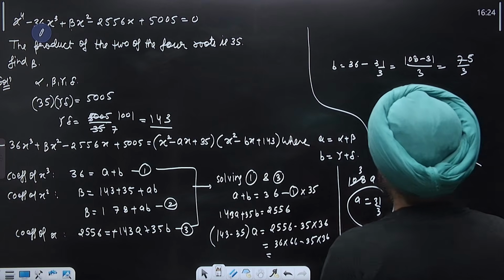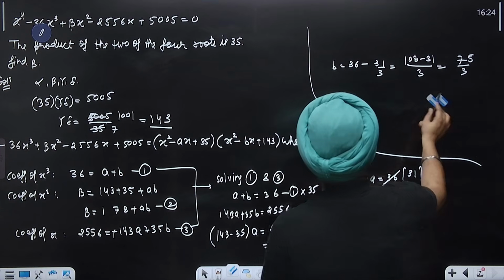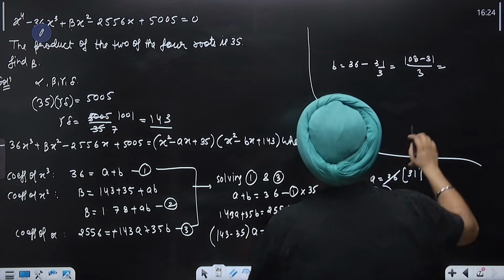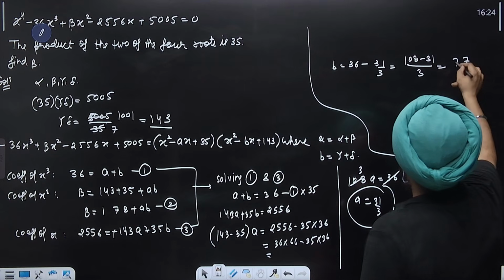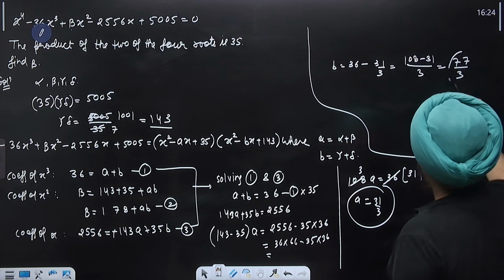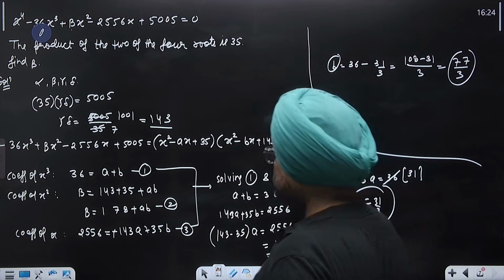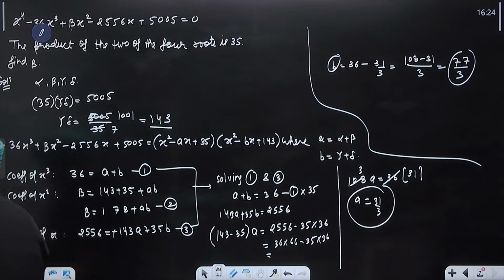How is it possible? Okay. 77 by 3. B is equal to 77 by 3. A is equal to 31 by 3. I think there is some miscalculation.